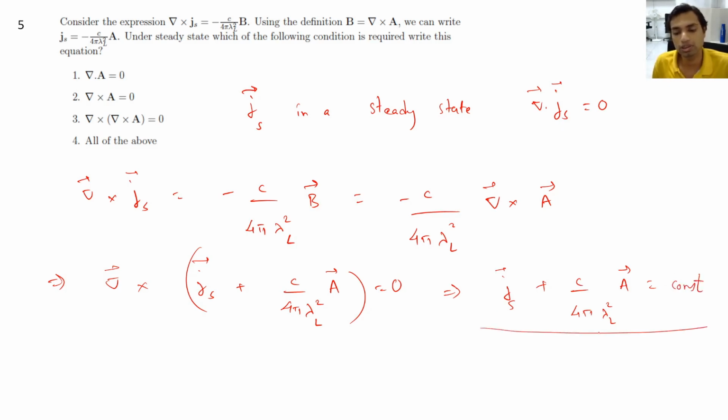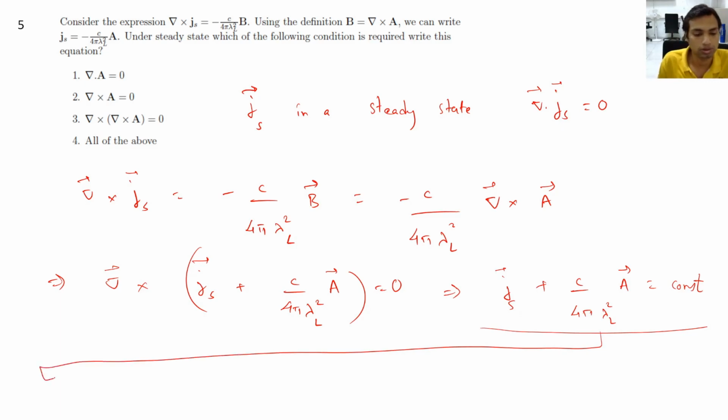Now we take the divergence of this expression. We have divergence of Js plus the constant C over 4 pi lambda L square times divergence of A equal to the divergence of a constant, which is always 0.